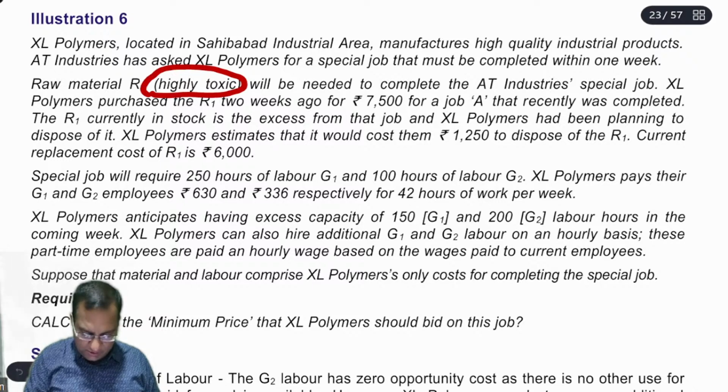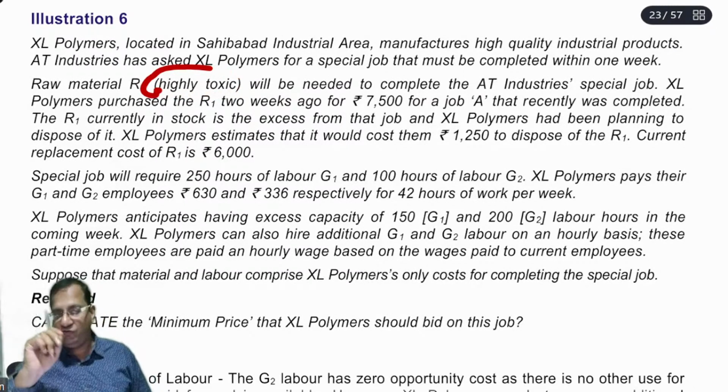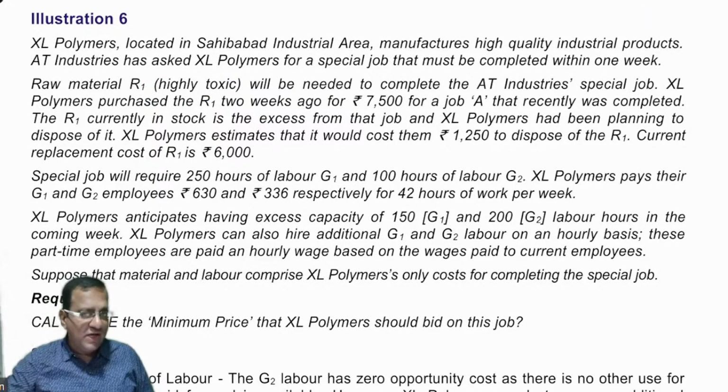We had a discussion in the last session regarding the words highly toxic. It is the rarest of the rare case, but if in your manufacturing process you require the consumption of highly toxic raw material, you have to take a license to use such raw material.